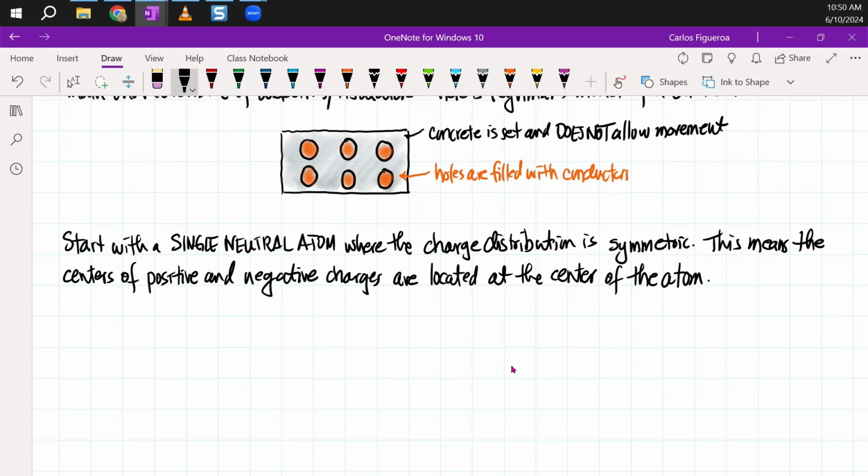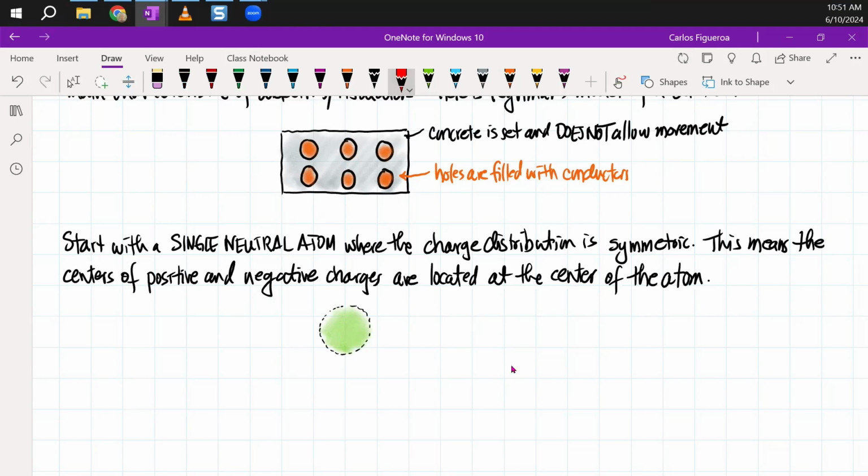Now, that turns out to be quite important. So what I'm imagining here is that I have a volume that contains the atom. Sometimes you'll hear people call it a probability distribution, or an electron cloud.